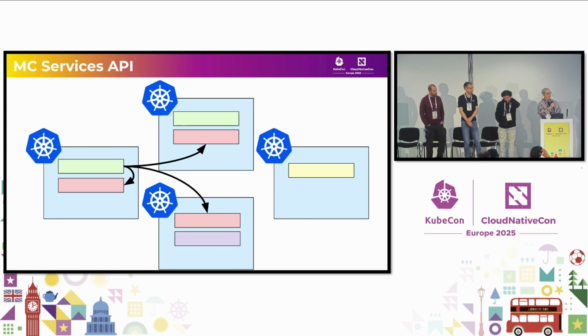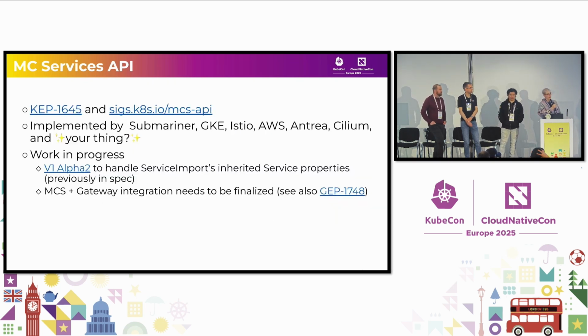This is a standard for how a service object, just like you're used to in a single cluster environment, can be flagged to be exposed across a cluster set, so that it could be consumed by workloads that are in a totally different cluster from it. There are some links here about the Multicluster Services API.